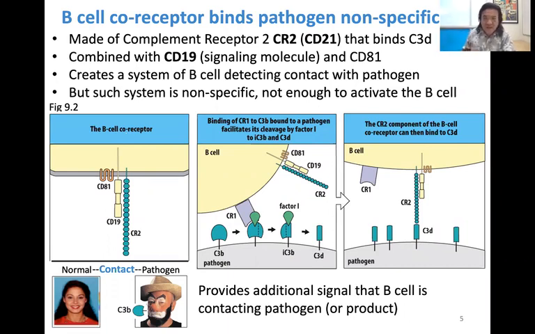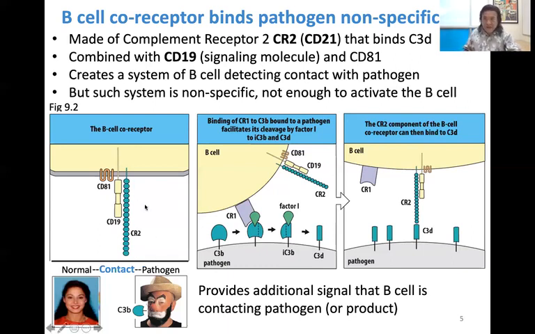Just in the same way that we talked about T cells having a T cell receptor complex as well as a co-receptor like CD4 or CD8, and they work together. What I'm telling you is that B cells do a similar type of thing. It's not their Ig alone binding to something, but it involves some other help from a co-receptor.